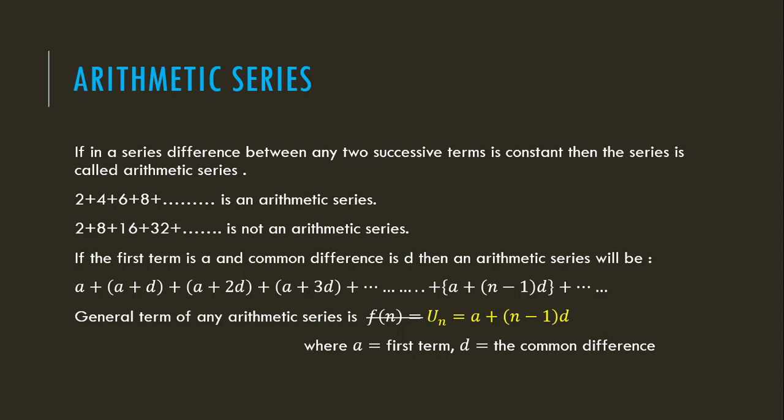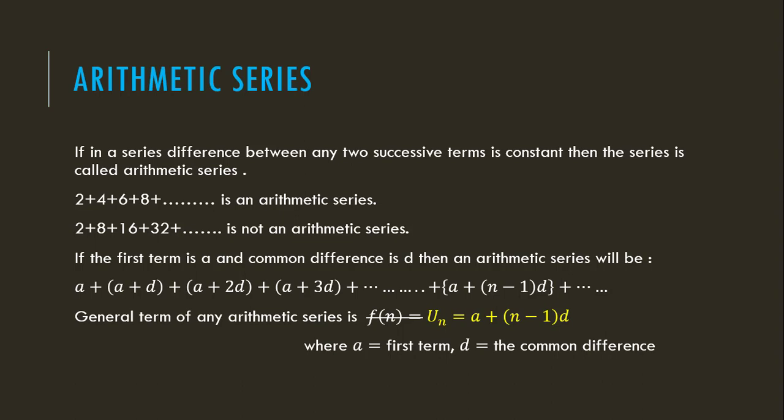How can we assure that this term will occur when the term number is n? Look at the first term, there is no d. Look at the second term, there is only one d. Look at the third term, there is 2d. Look at the fourth term, there is 3d. Therefore, in every term it has one less d than the term number.